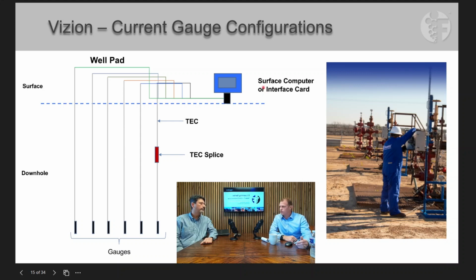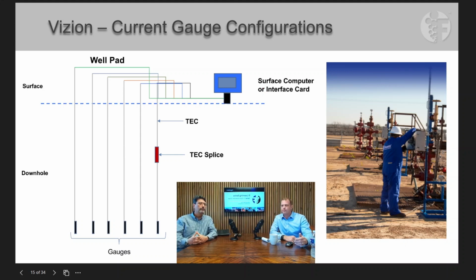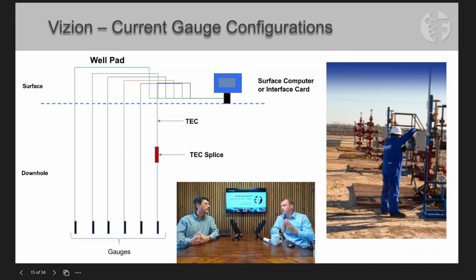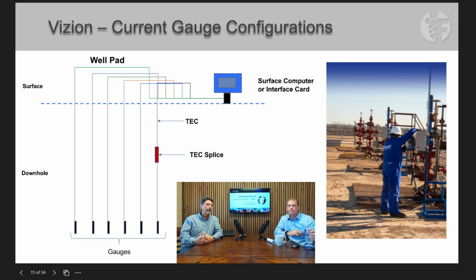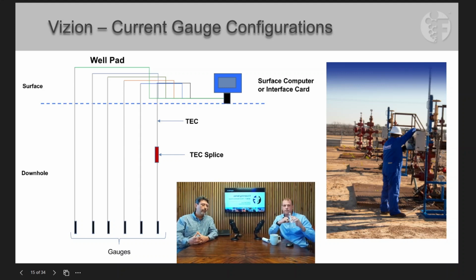Maybe we lose power to a radio, or maybe the cell modem goes down or something like that. There's still a way to locally collect that information. So if you lose comms, you don't lose the visibility of the gauge. Is that right? Correct. So the surface computer will actually keep data locally.